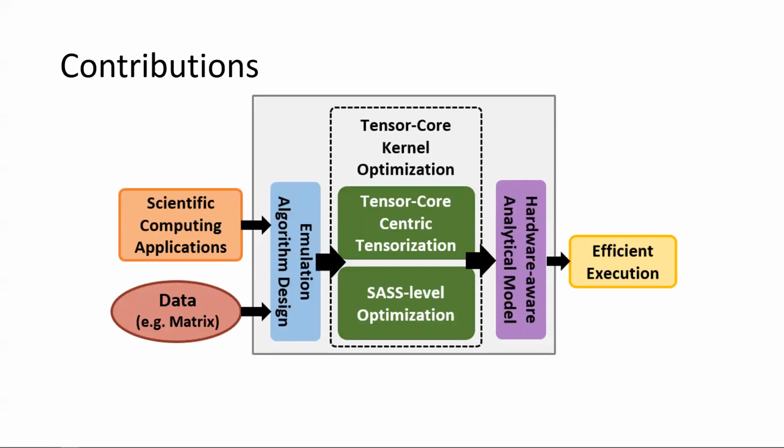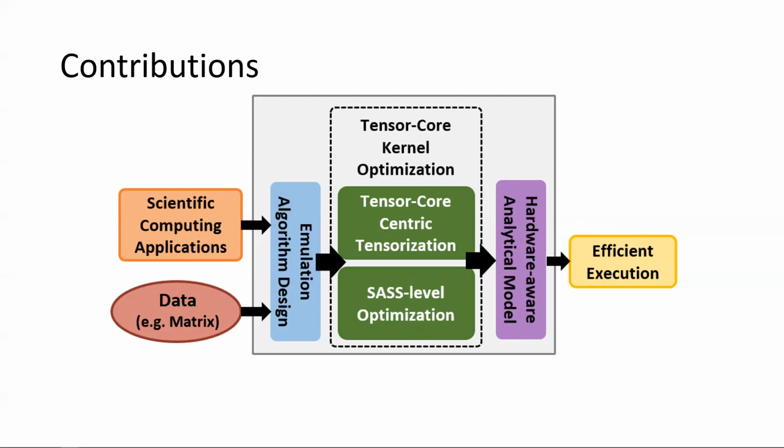We summarize our contribution in this figure. Given the scientific computing applications and the data such as matrices, we first designed the emulation algorithm such that we can run the emulation on tensor cores with low theoretical overhead. Then we have some tensor core kernel optimizations that efficiently map our workload to tensor cores.